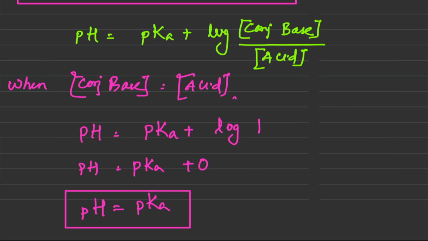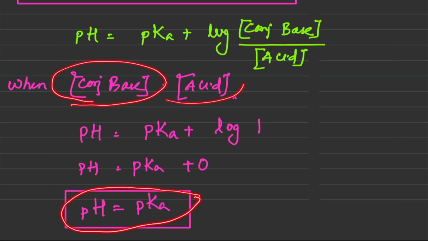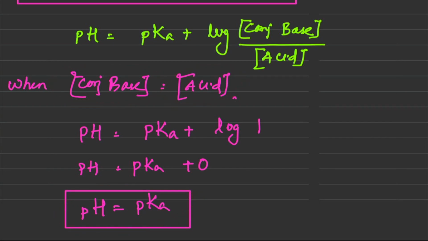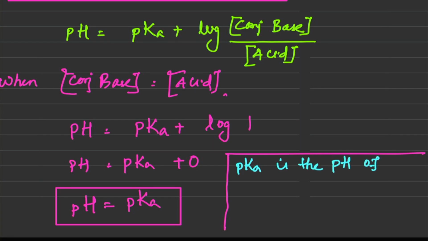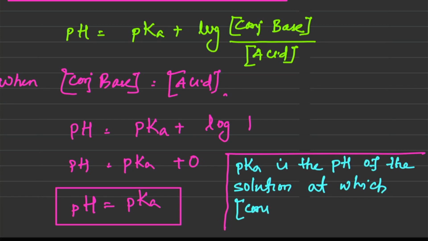What is the definition of pKa? pKa is the pH when the concentration of conjugate base equals the concentration of acid. I'm going to rewrite this here: pKa is the pH of the solution at which the concentration of conjugate base is equal to the concentration of acid.